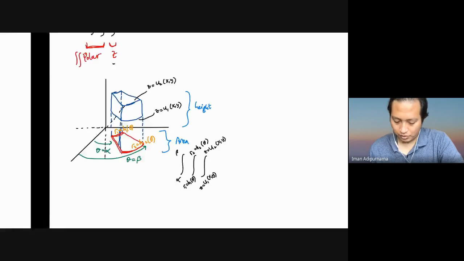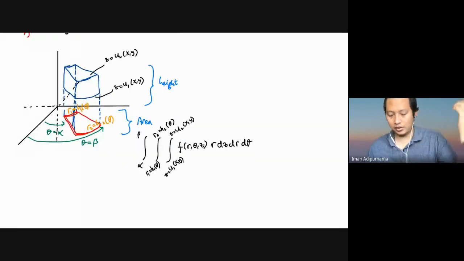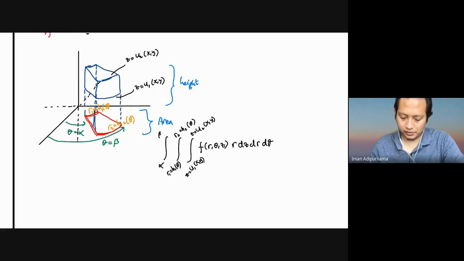Maybe if you are having any function here, r, dz, dr, d theta. So this will be the general form that you might have.